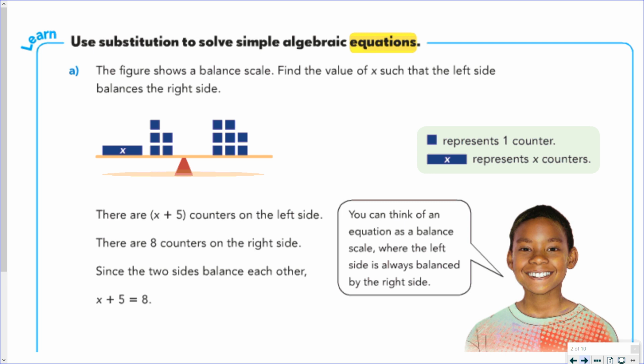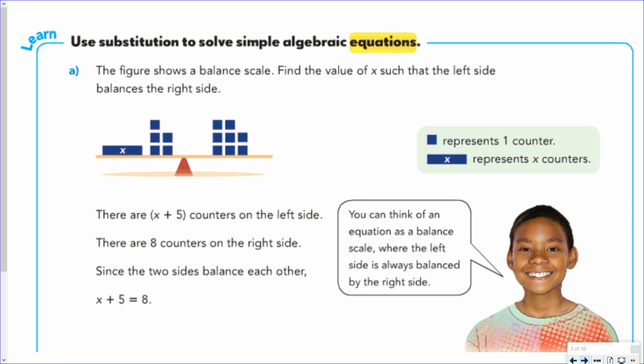All right, so in the book, if you were to follow along, the book would suggest using substitution as a method of solving equations. I don't believe that is the most efficient way to solve equations, especially as you move through school and the equations become more complex. So I do not focus on substitution. Instead, I focus on teaching the students how to use the balancing method for solving equations.